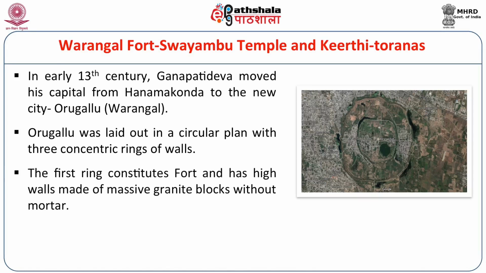The first ring constitutes the fort and has high walls made up of granite blocks, very similar to the Vijayanagar style of architecture. In fact, the Vijayanagar picked it up from here. Massive granite blocks were used for making walls without any mortar. Earth was used as a filling instead.